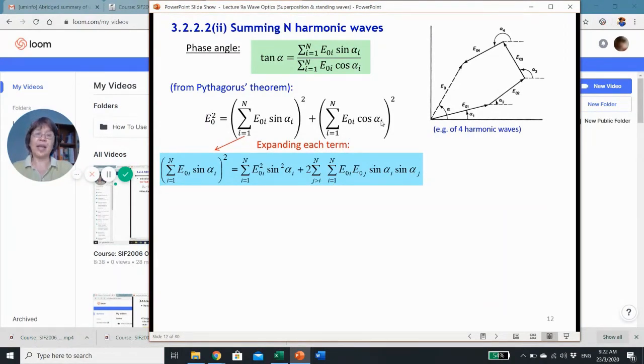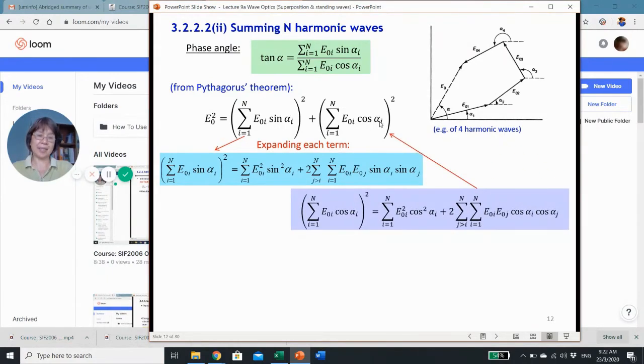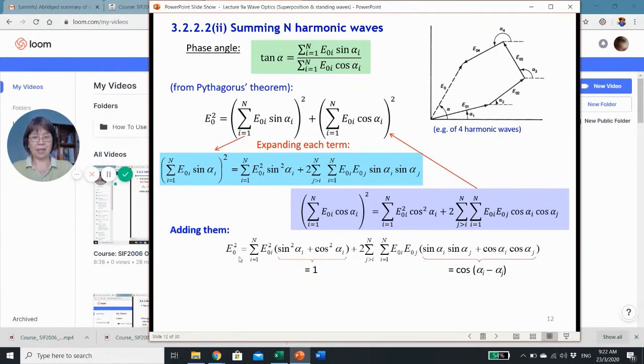And if you expand the second term here, this is what you're going to get. So when you add this to this, we have an expression that will look like this. From here, this is common: sine squared alpha i plus cos squared alpha i.